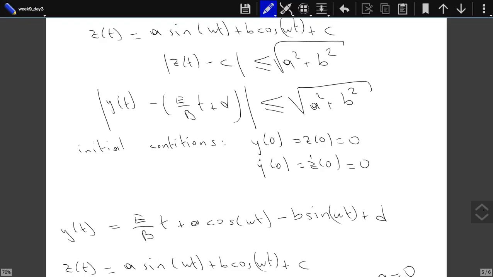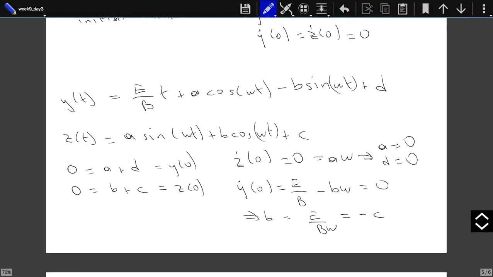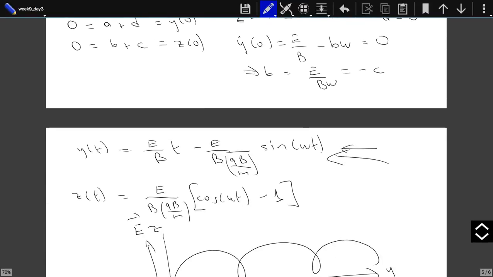And let us assume that at t equal to 0, I just release it from rest. If this is the case, then I can determine these coefficients a, b, c, and d. They turn out to have these values written over here, and these are my y and z solutions, the coordinates of the position of my charged object as a function of time.